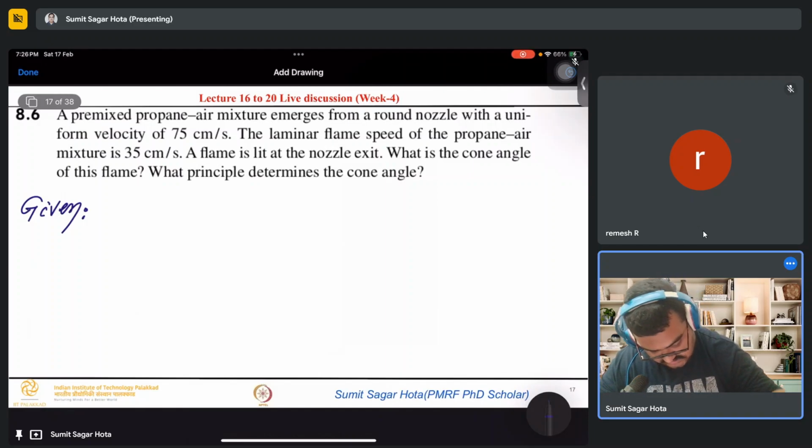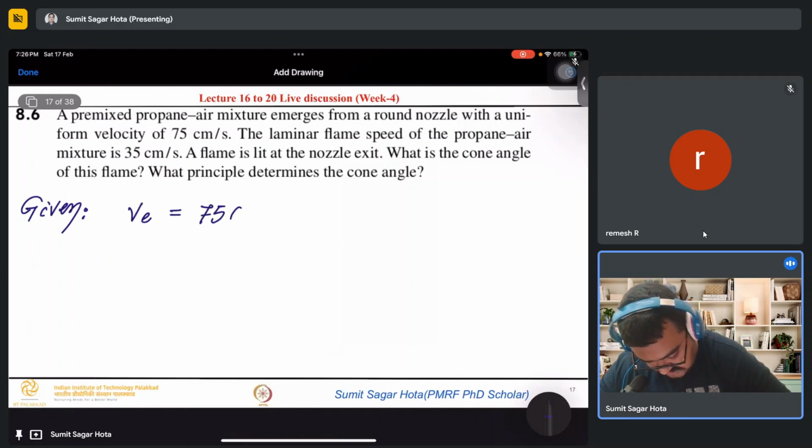Now, in this pre-mixed propane air mixture, it emerges from a round nozzle with a uniform velocity. We have the exit velocity of 75 centimeter per second. Then the laminar speed of the propane air mixture is 35 centimeter per second.